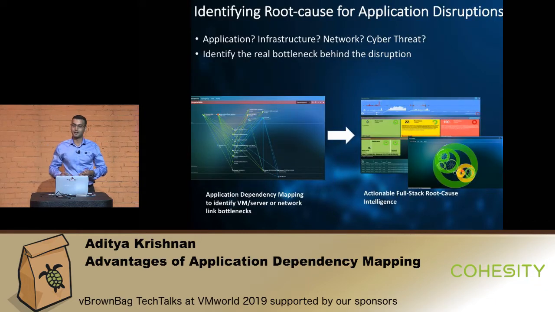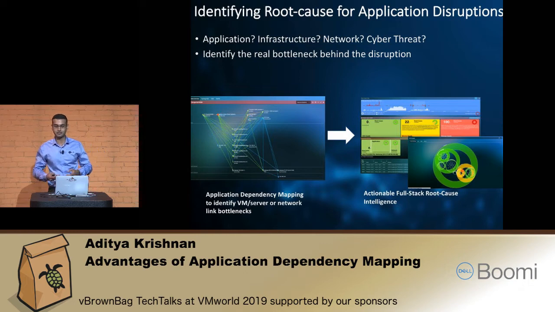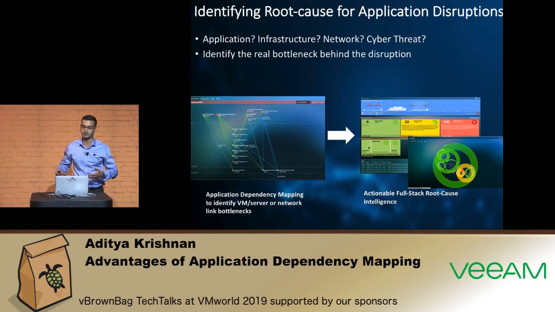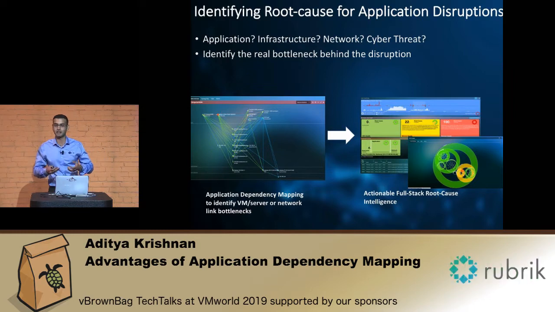Second, identifying the root cause of any application degradations. This is really, really critical because application dependency maps can tell you exactly where the bottlenecks lie within the environment. Is it on the application tier?